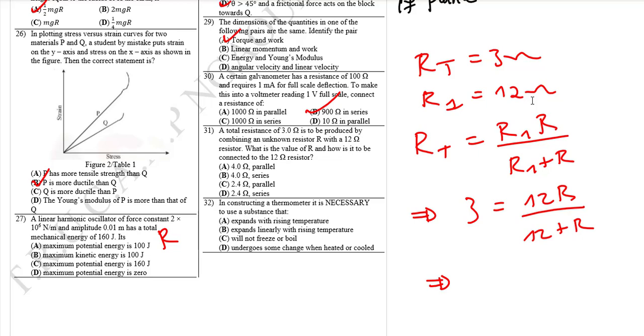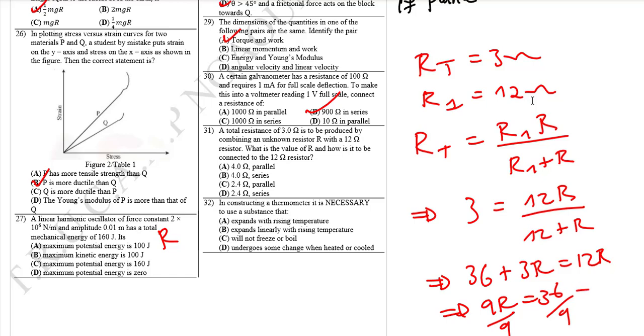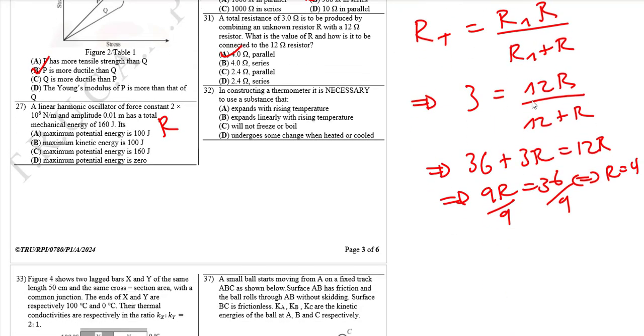So if you multiply, 12 plus R times 3 will be 36 plus 3R. This will be equal to 12R. So this means we have 9R will be equal to 36, and if you divide by 9, it means R will be equal to 4 ohms and connected in parallel. So correct answer A.